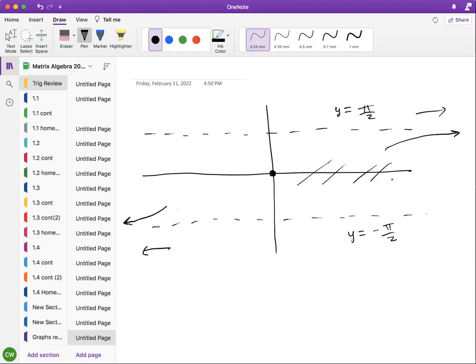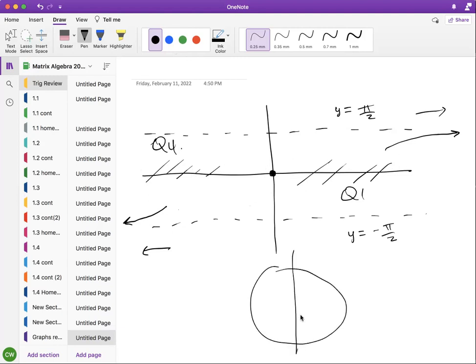This region here is the first quadrant in the unit circle, because I'm plugging in positive numbers, and tangent is positive in quadrant 1. And this region here is quadrant 4, because I'm plugging in negative angles.